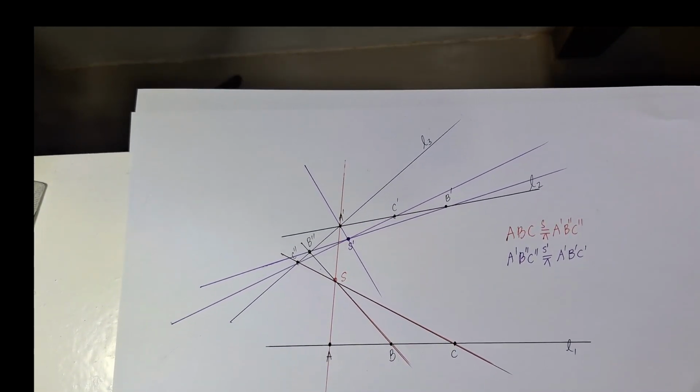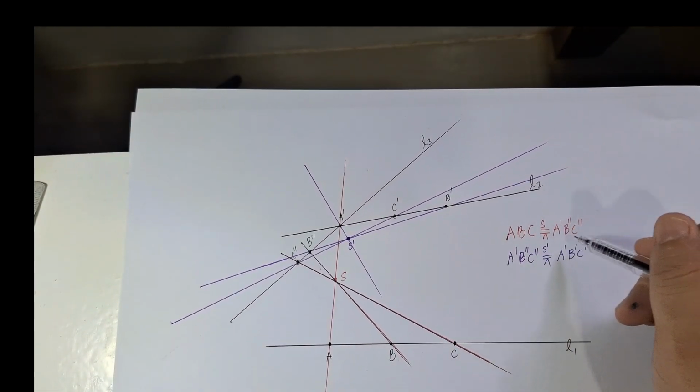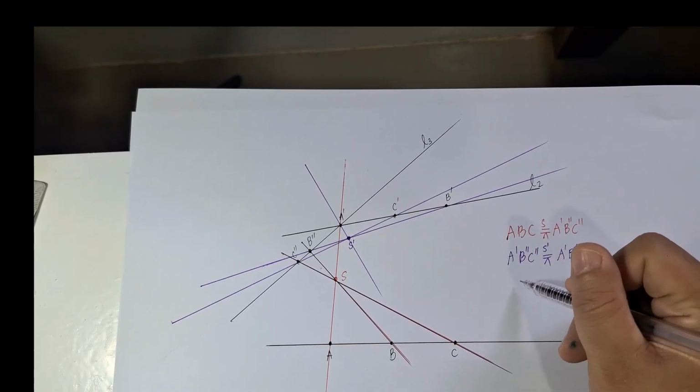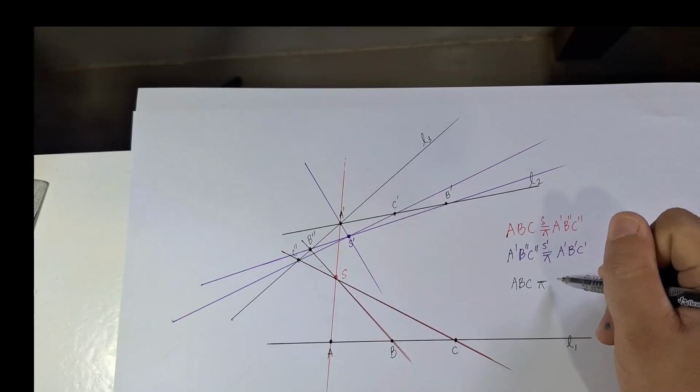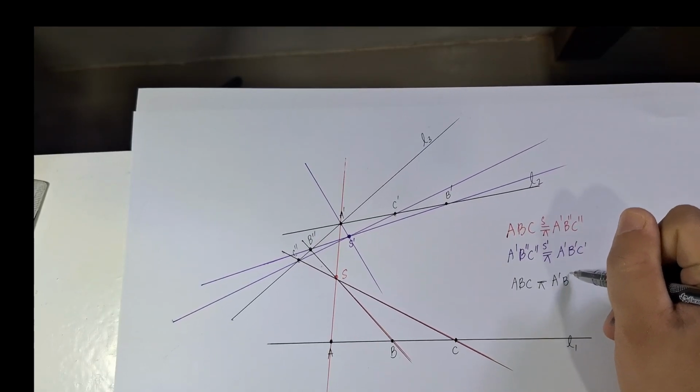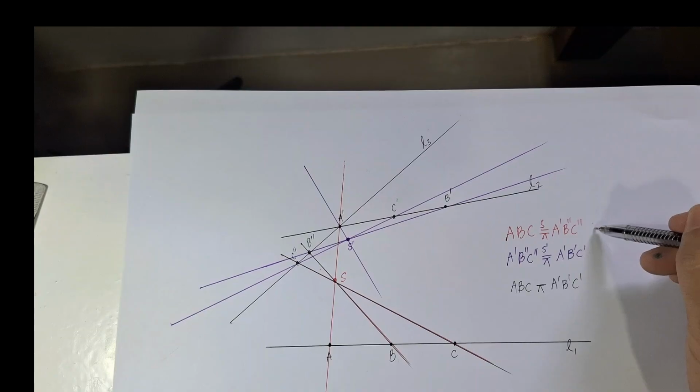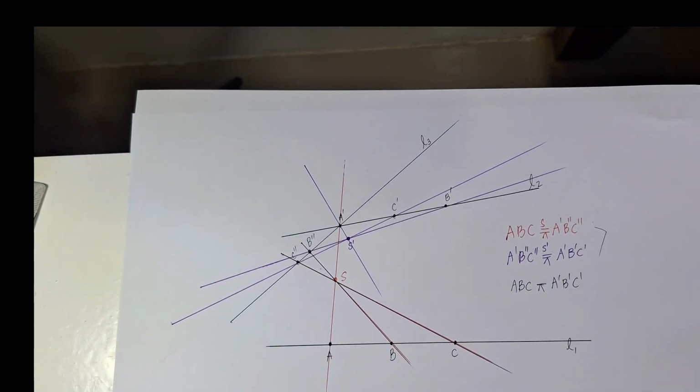If that's the case, since this is a series of perspectivities, we can already say that A, B, and C are projected into A prime, B prime, C prime because of these two perspectivities.